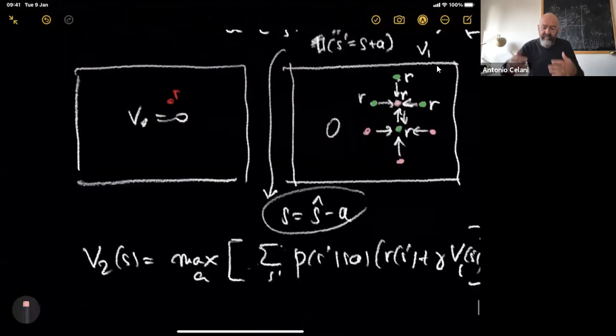So at some point, with this sort of spreading out of the values, we reach the boundaries, and the system then will start to converge towards the final optimal value.